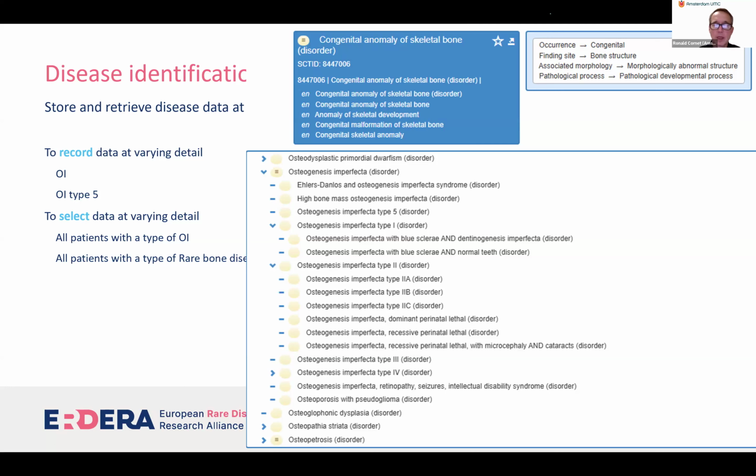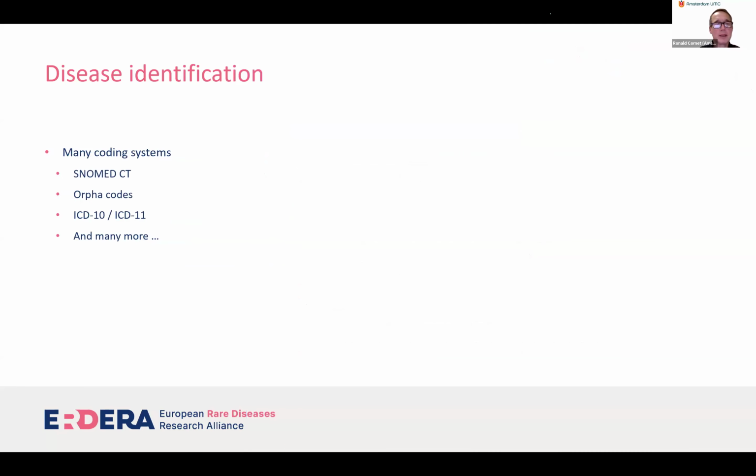And here again, we see, and ordering isn't perfect, type 5, type 1, type 2, type 2A, B, C, etc. So we see that it is a common function of these coding systems to provide this hierarchical ordering, which is so important for recording and retrieving at a varying level of detail. And actually, there are many such coding systems. So I mentioned SNOMED CT and the Orpha codes. You may have heard of the ICD-10, ICD-11, the International Classification of Diseases, and there's many more.